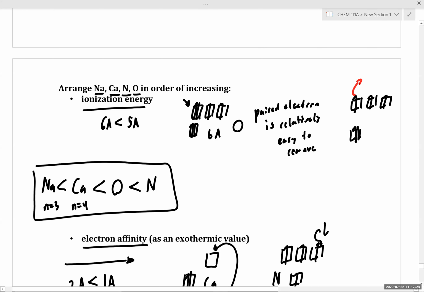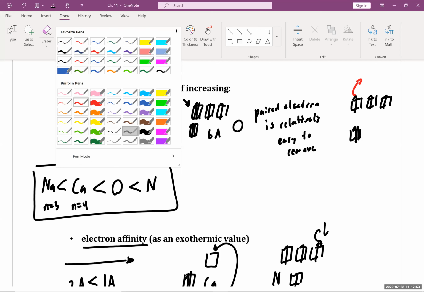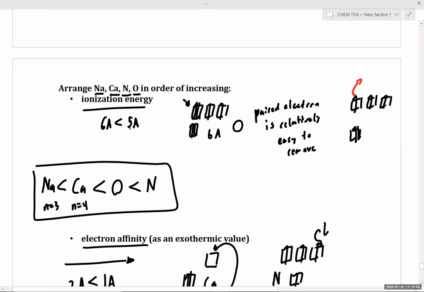Essentially, pairing raises the energy of your electron, making it easier to remove. That's why oxygen is surprisingly easier to ionize and remove the first electron than nitrogen. Does that make sense? Perfect. Any other questions I can address? These have been great questions so far.